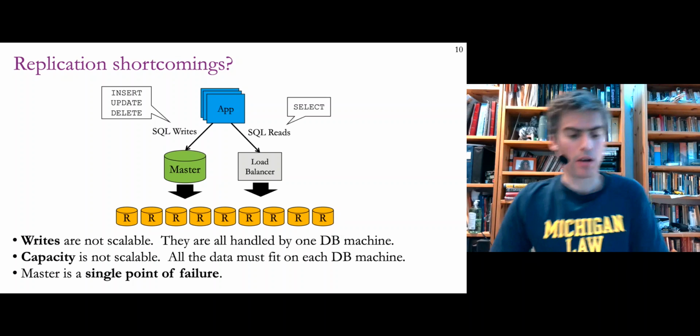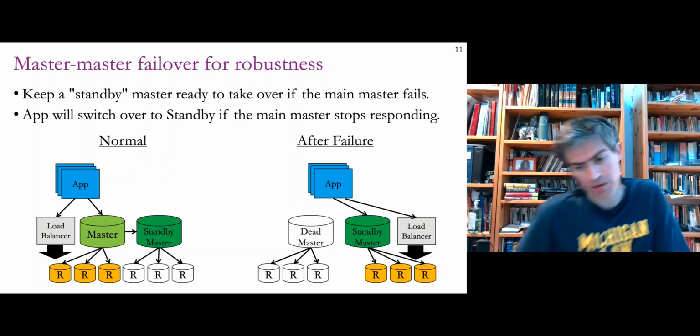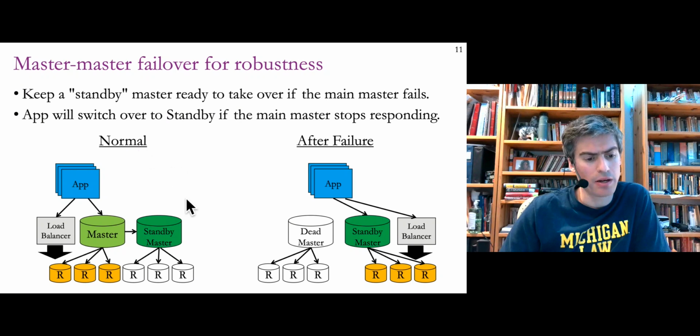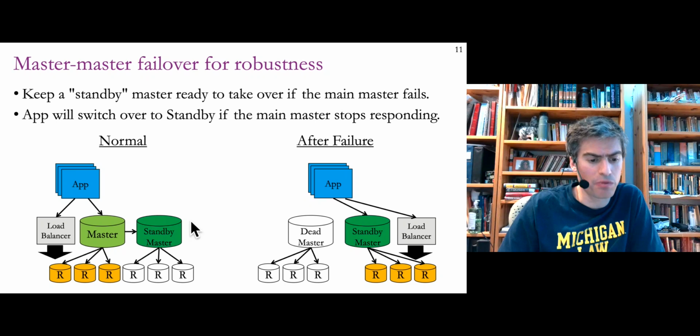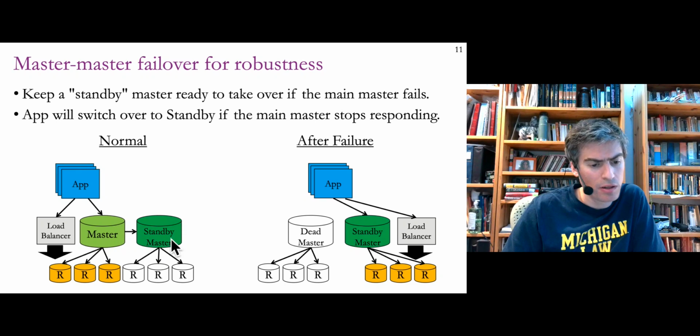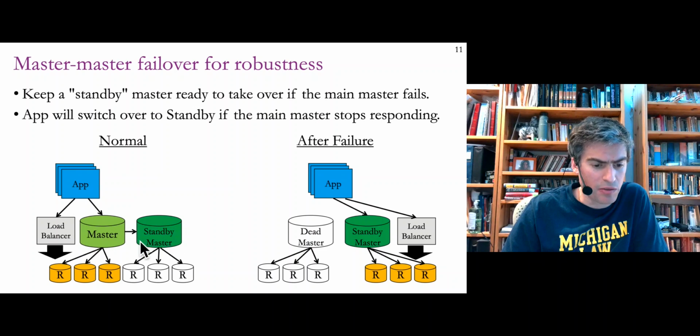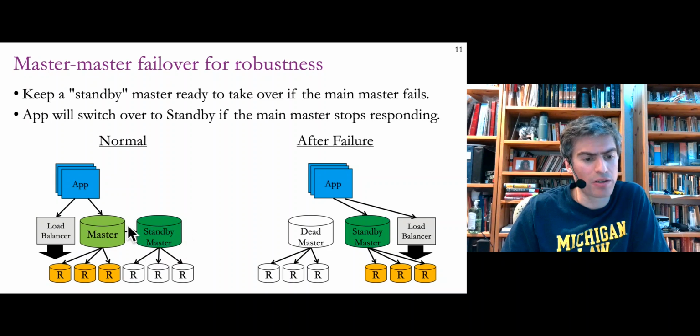Okay. All right, so let's address the single point of failure thing first. What we can do for that is a pretty simple approach where we have a secondary master, which you would typically call a standby. So I have the same basic design here on the left, but I've added a standby master, which is basically acting like a replica, except it's a special replica that's ready to take over as the master if the master dies.